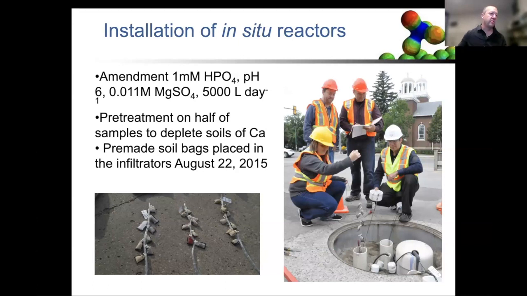So the microcosms are in contact with soil that were from the contaminated sites. They are getting bathed in a magnesium phosphate sulfate solution and also hydrocarbons. And so they're undergoing normal bioremediation, and we can kind of look at what happens to the mineral phases of phosphorus.